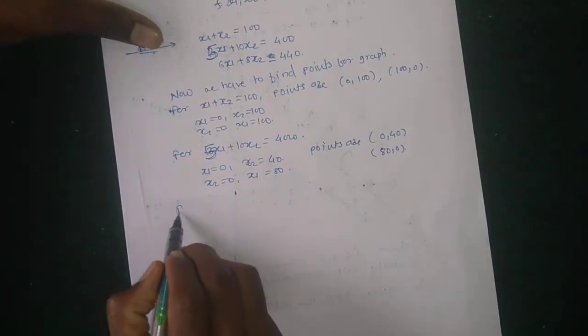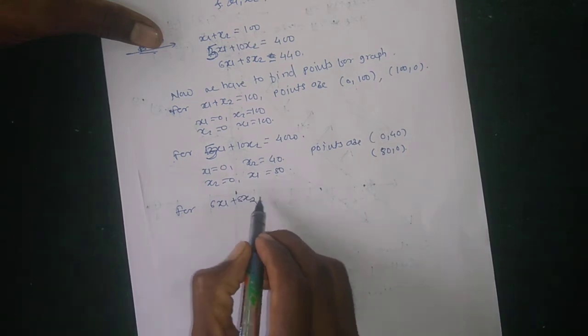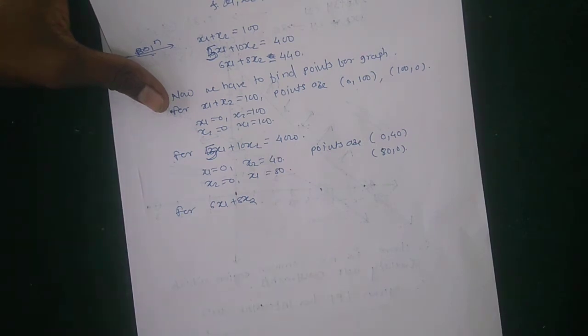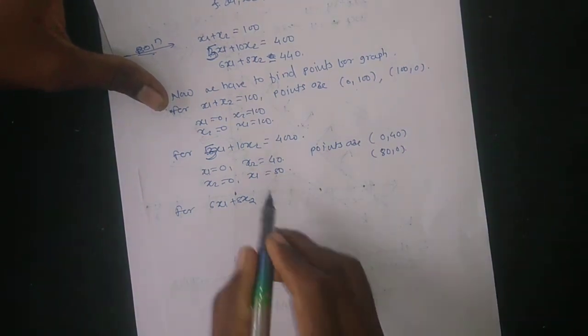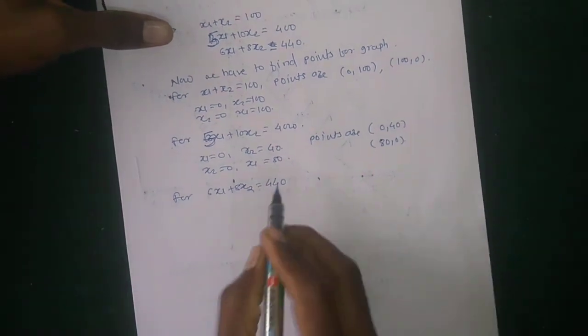Now for the next line, 6x1 + 8x2 is equal to 440.